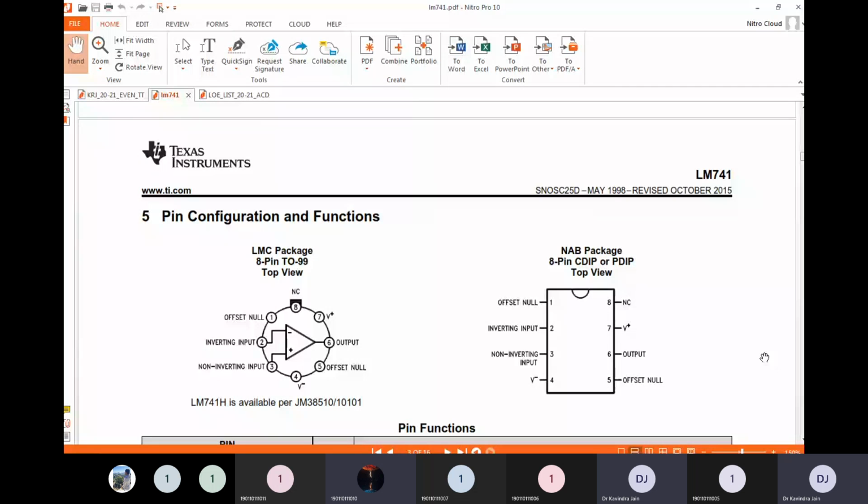Practically speaking, for LM741, the value at pin number 4 and pin number 7 is plus minus 15 volt. But as the IC changes from brand to brand, it may vary to plus minus 12 volt.